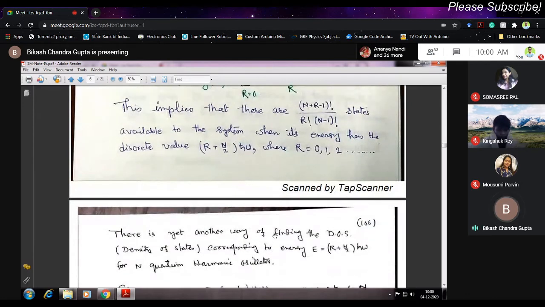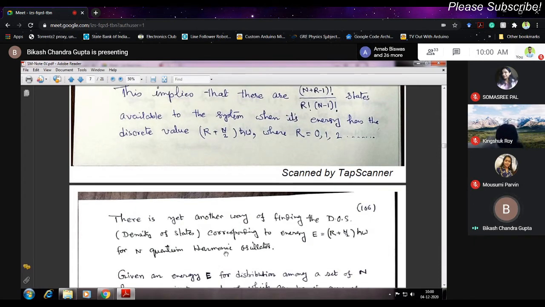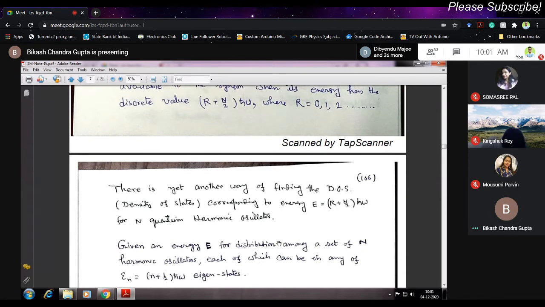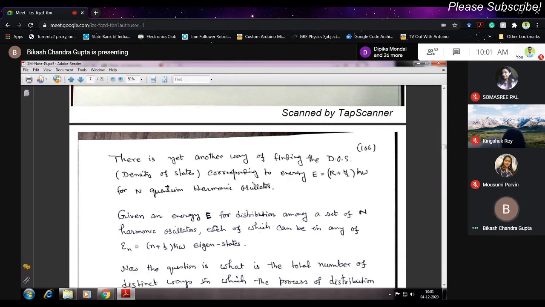Now there is yet another way of representation, from a kind of probabilistic approach. There is yet another way of finding the density of states corresponding to energy E, r plus n by 2 h cut omega. N by 2 will always be there. So basically you have r h cut omega, r quanta, to be distributed among the n quantum harmonic oscillators.